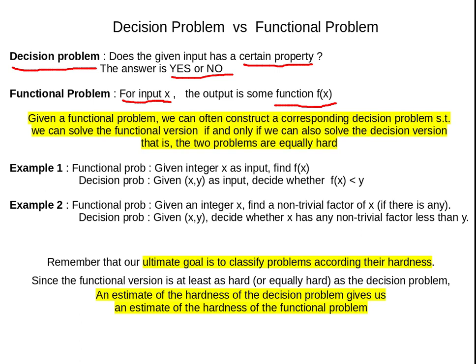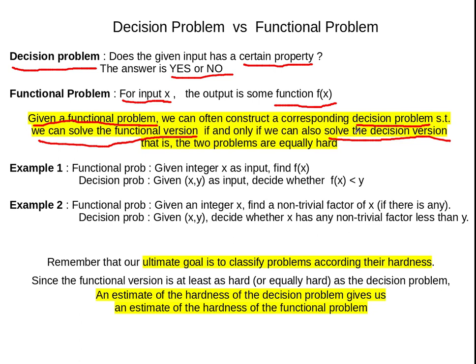Often it is the case that if you are given a functional problem, we can construct a corresponding decision problem such that we can solve the functional problem if and only if we can also solve the decision problem. In that regard, the hardness of the functional problem and the decision problem that we construct from it are kind of equal. If you can solve one, you can solve the other.